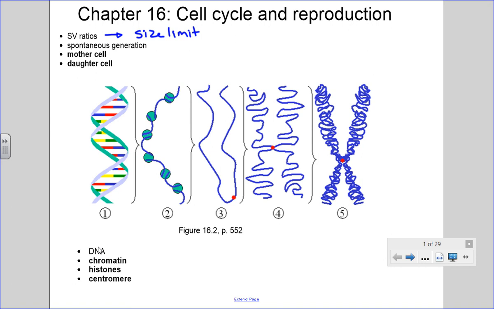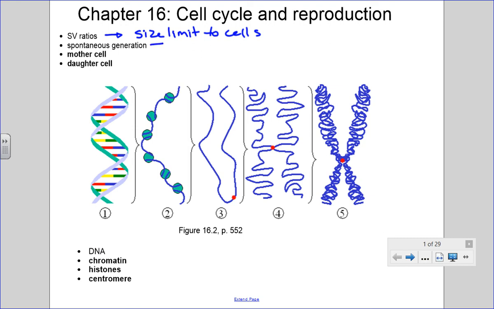And if a cell becomes too large, there is not enough surface to allow entry of enough nutrients to support the huge volume of cytoplasm that's inside the cell. So there is a size limit to cells. What this means is that at a certain point, a cell can no longer get any bigger. It has to make another copy of itself if the organism as a whole wants to grow.